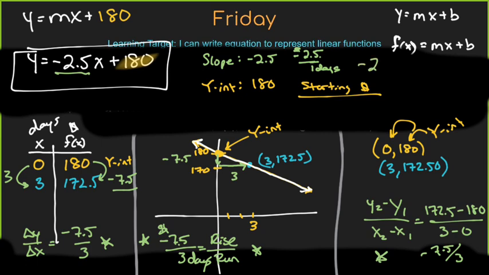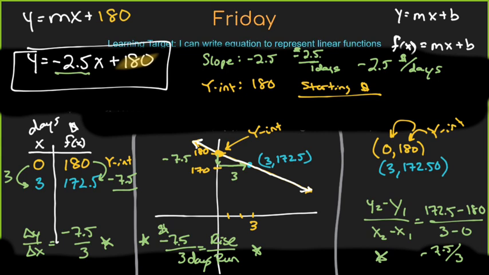So it's really negative $2.5 over days. What's a way I could read that? Can't we just read a fraction bar as per? Negative $2.5 per day.